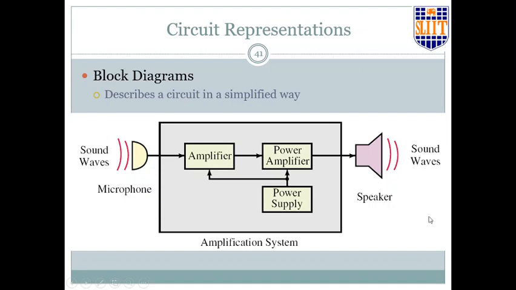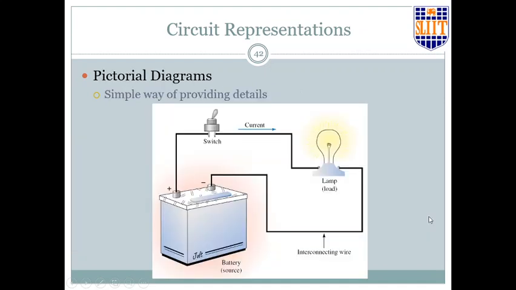Right. Block diagram, circuit representations. Now, can you tell me the operation of this circuit? What is illustrated in the slide? Can you explain what it is?